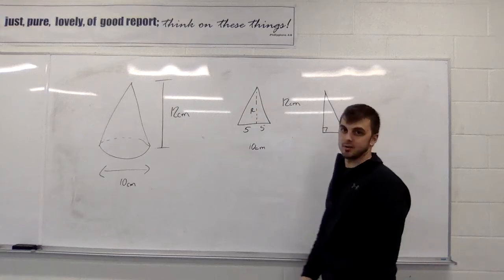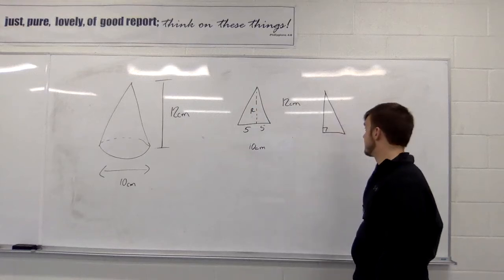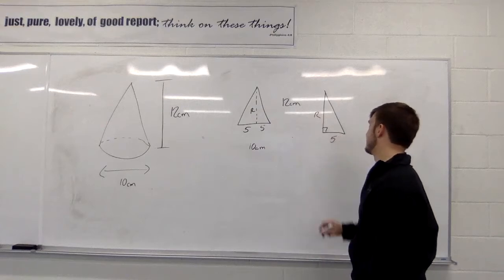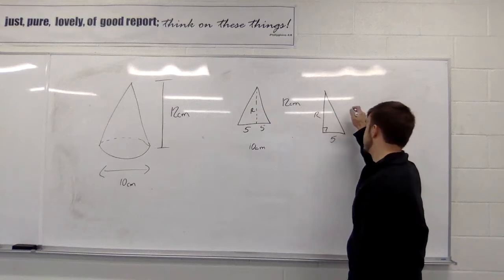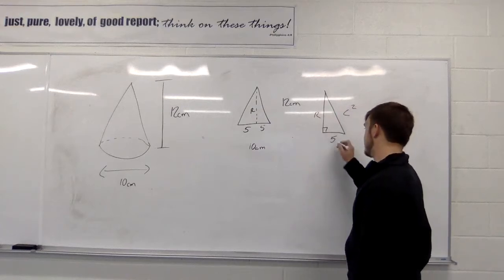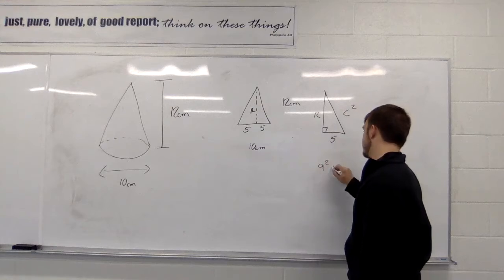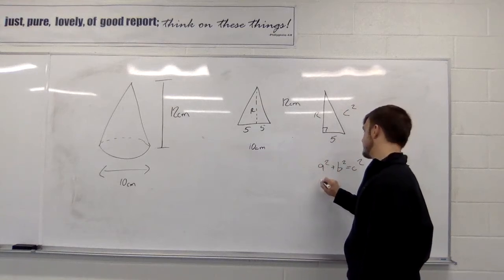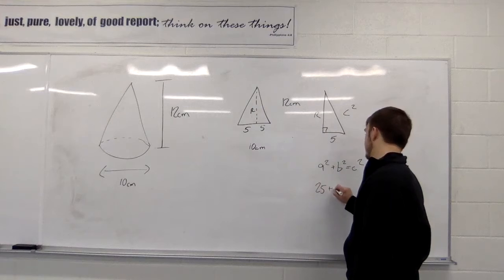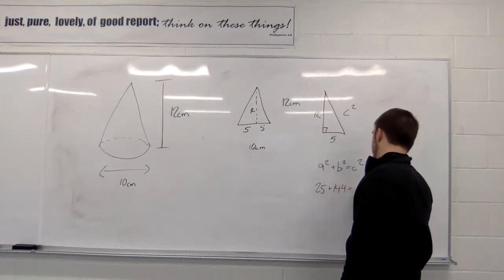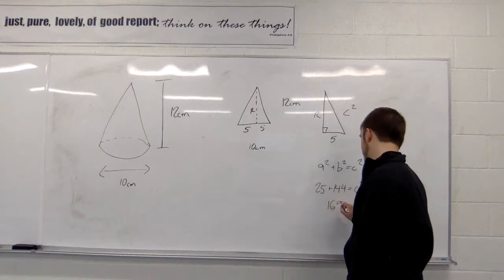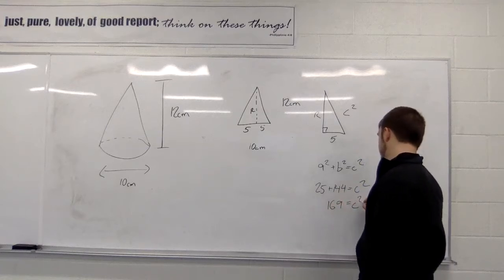It's a right triangle, which means you can use the Pythagorean theorem. You have a height of 12 and a base of 5. So a squared plus b squared equals c squared. 5 squared is 25. 12 squared is 144. 144 plus 25 is 169, which equals c squared.